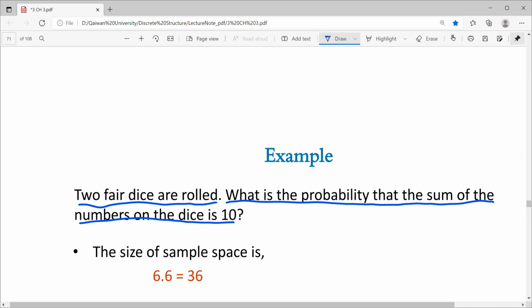How about if the first one is 6 and the second is 4? It's 2 possibilities. Okay. And 5, 5. We have only one 5, 5 in the sample space. It's 1, so it's 3. We have 3 possible outcomes such that the sum of both rolled dice is 10.